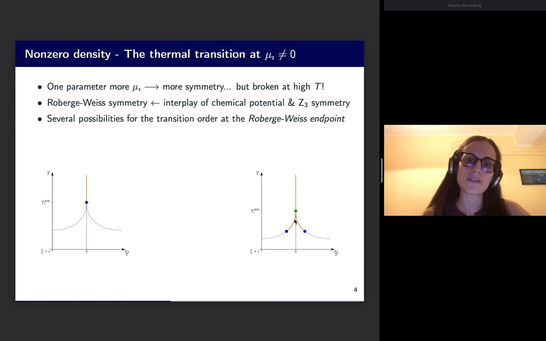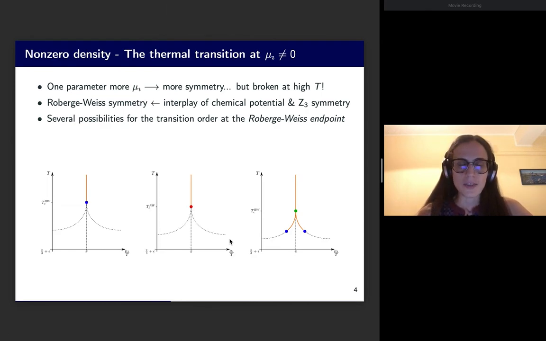And then there are first order lines that extend farther away from the critical value of the imaginary chemical potential for the Roberts-Weiss phase transition. And then at some point along the line, you can have a second order critical endpoint. This point can be anywhere. It can also basically cross the vertical axis, the temperature axis.